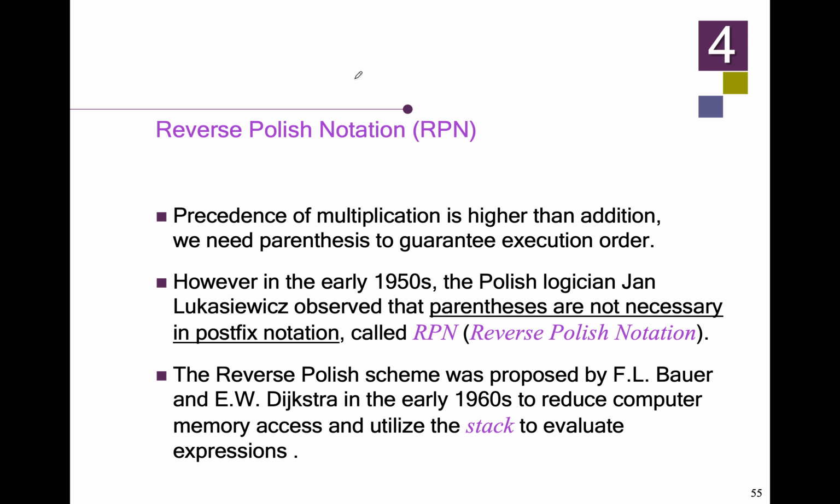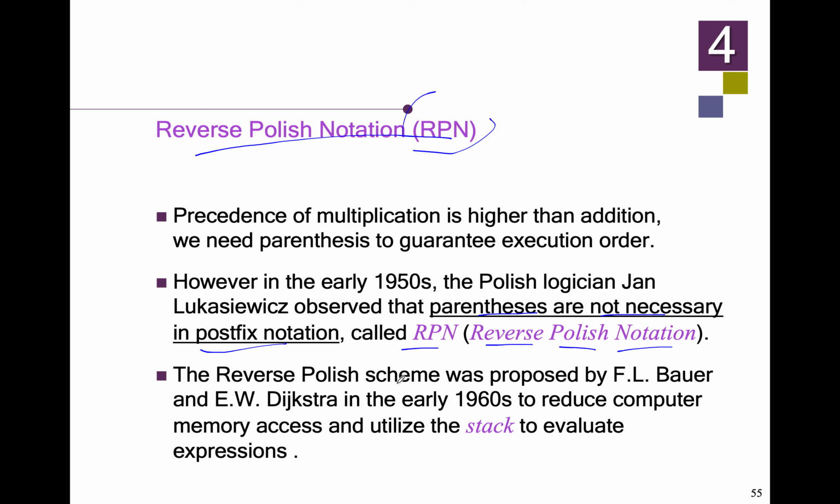This one is just the detail first under the reverse Polish notation, which is RPN. This is where you're going to apply your LIFO. You can observe the parentheses are not necessary in the postfix notation, called RPN, which is reverse Polish notation.